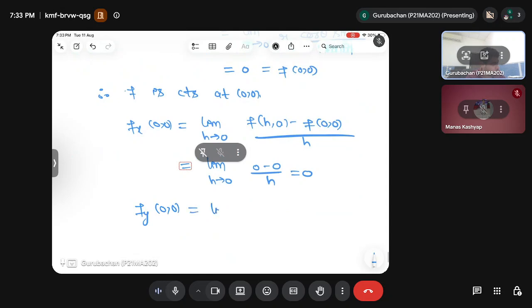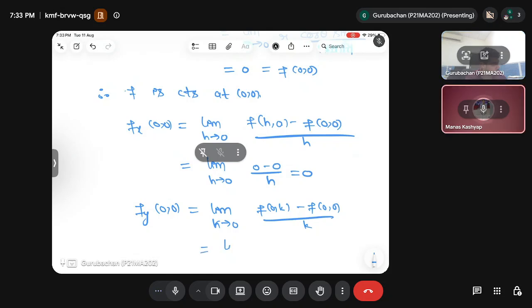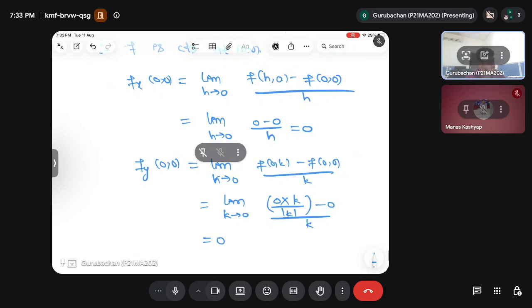So this will be the limit as k tends to 0 of f(0, k) minus f at (0, 0) divided by k. Again the numerator is 0, as x is multiplied, so this will be 0 into k divided by mod of k minus 0 divided by k. So this will give us value 0.